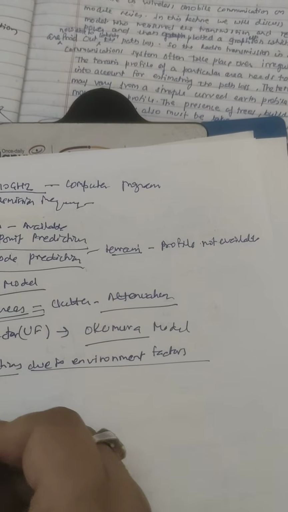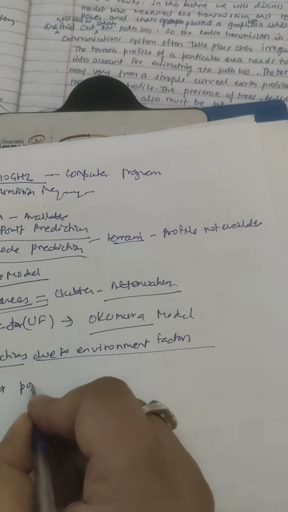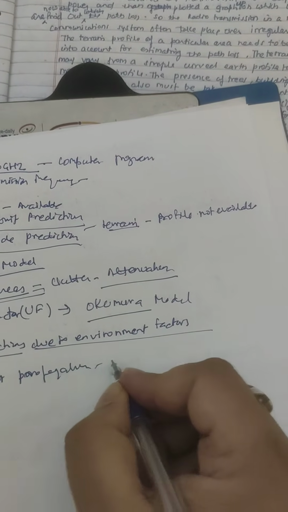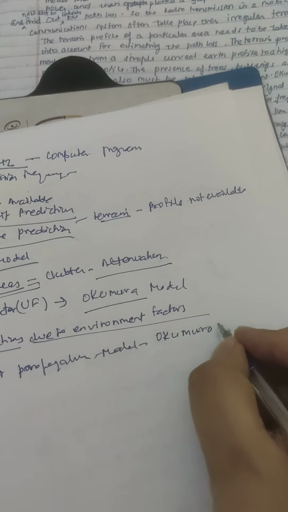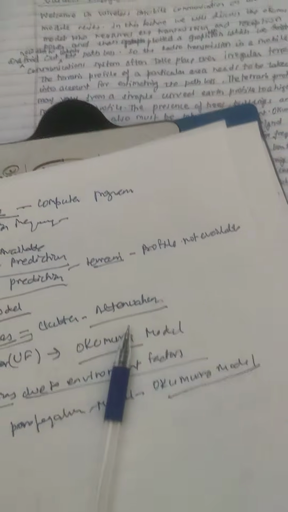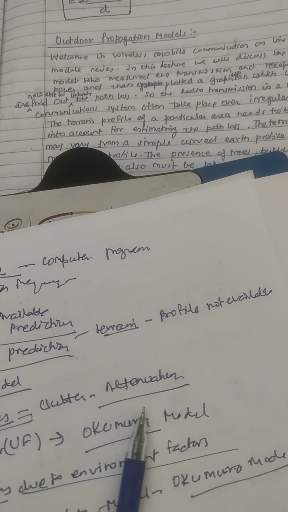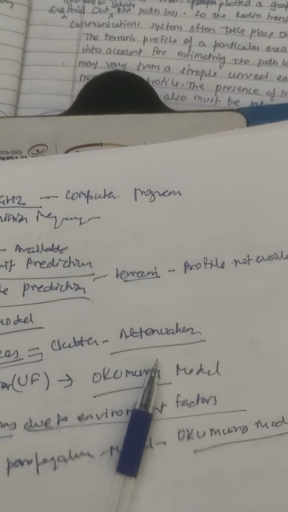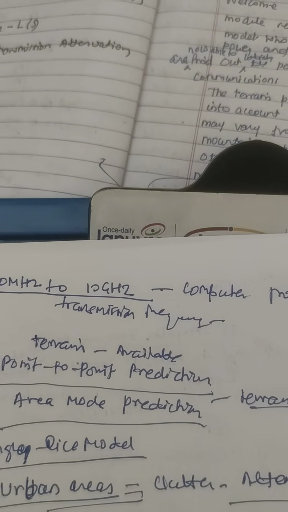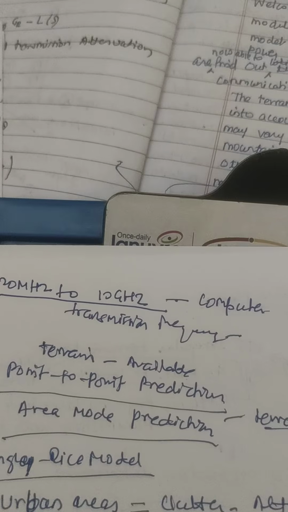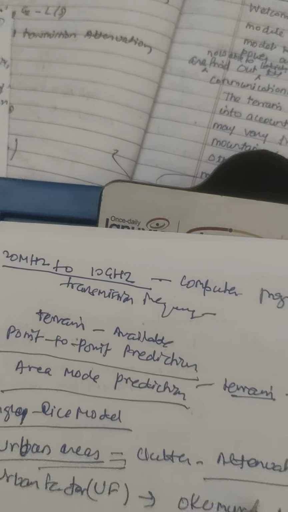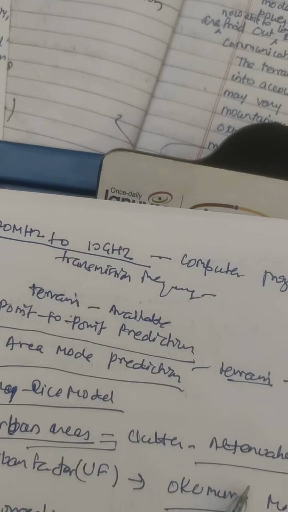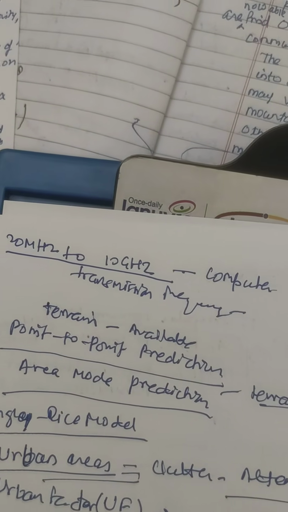So if we talk about outdoor propagation models, the Okumura model is widely used, a convenient model to cover path loss, because outdoor radio transmission takes place over irregular terrain, and the irregular terrain profile must be taken into consideration for the estimation of the path loss.